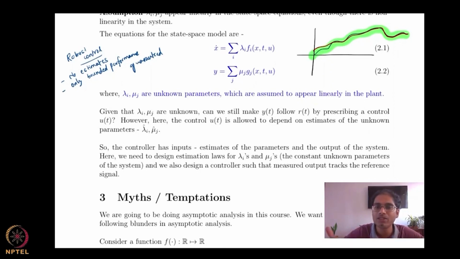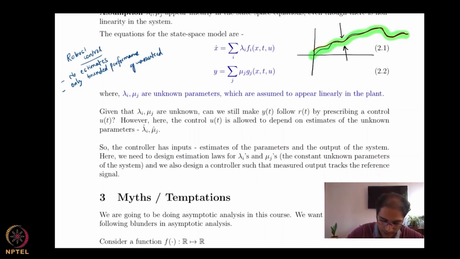It is designed based on the absence of uncertainty, and then you simply analyze what kind of bounds you will get. A typical robust control will actually give you some estimate of this width.